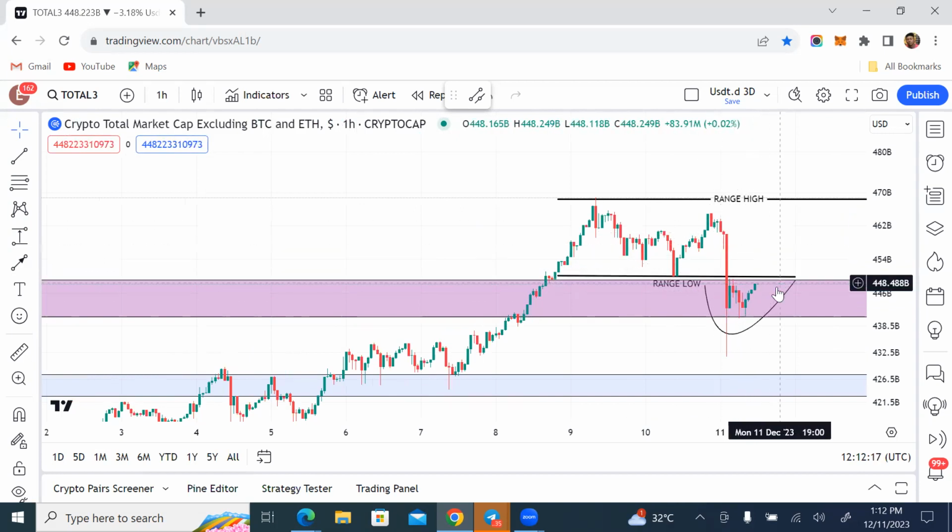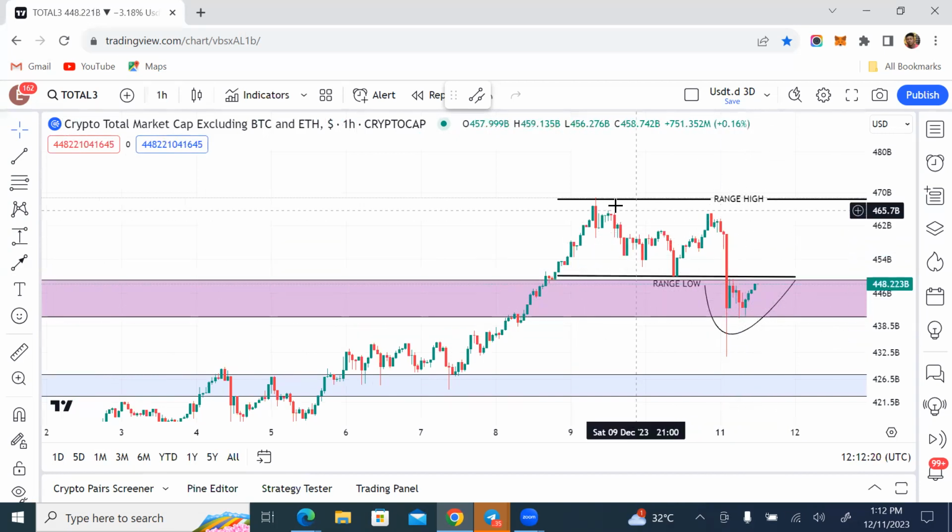We have no right to actually say that price is going to go towards the upside.